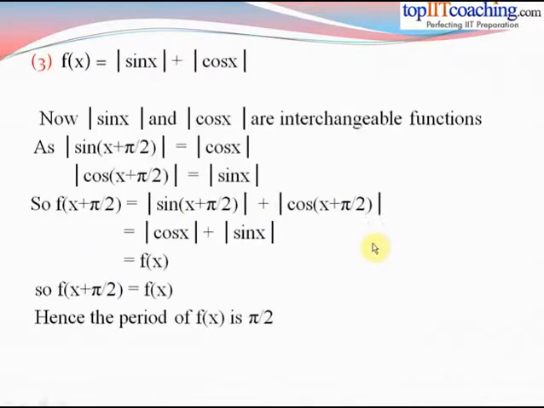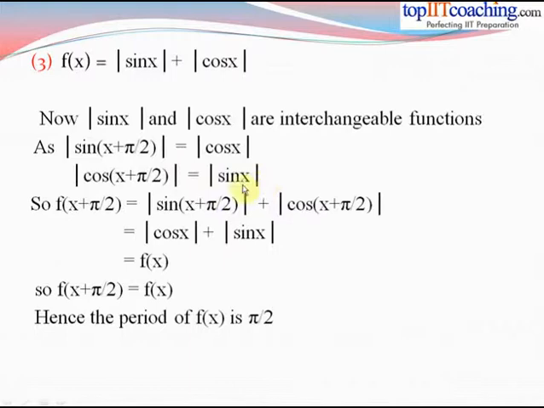The third is f(x) = modulus of sin x plus modulus of cos x. Now modulus of sin x and modulus of cos x are interchangeable functions, as we know that modulus of sin(x + π/2) is equal to modulus of cos x, and also the modulus of cos(x + π/2) is equal to modulus of sin x.